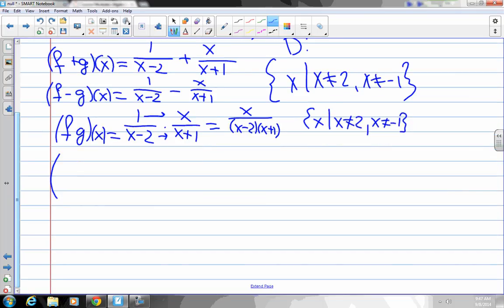Finally, let's do f over g of x. So that is 1 over x minus 2 divided by x over x plus 1. How do we divide fractions?